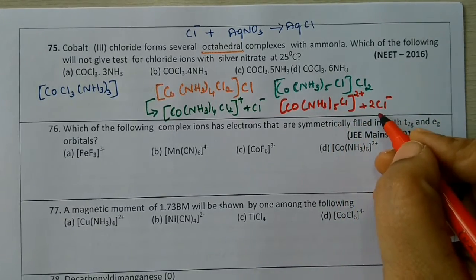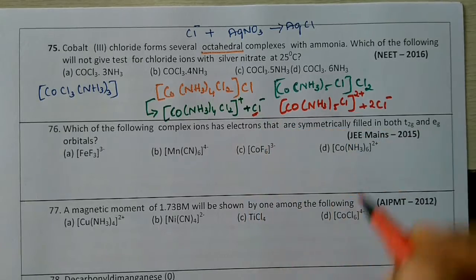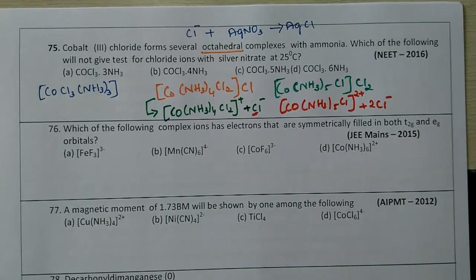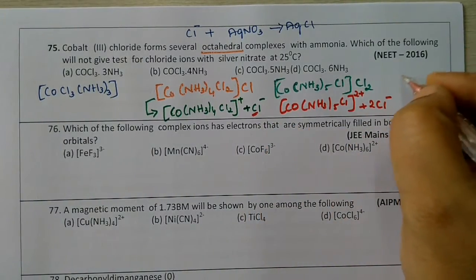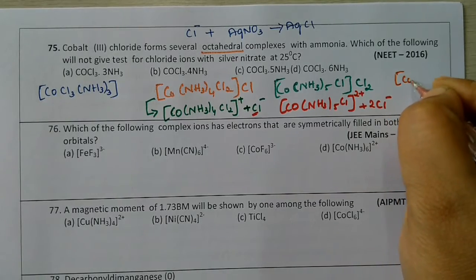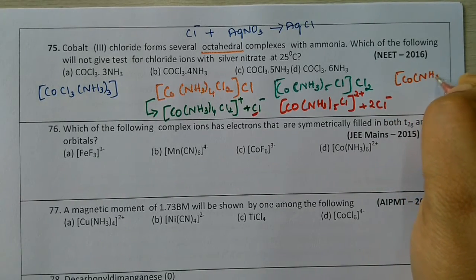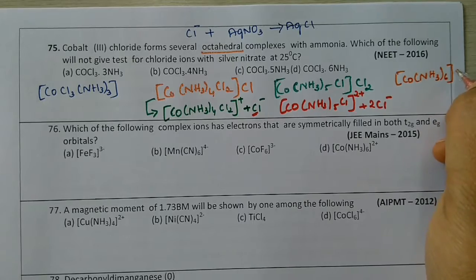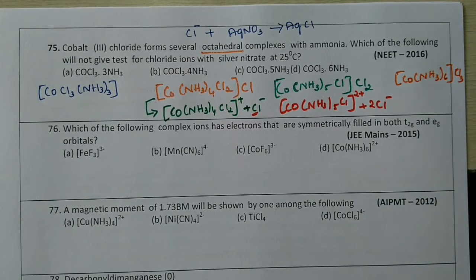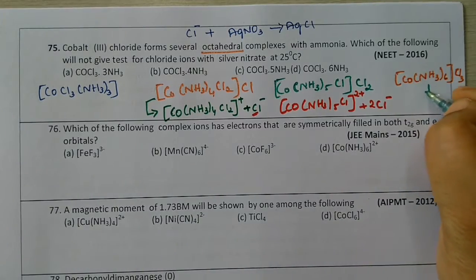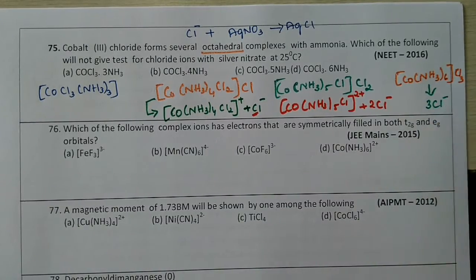So we have a counter ion here also. Next, the last one, we can write it as the complex Co(NH3)6 with 3 Cl outside. So upon dissociation, this complex will give 3 Cl minus.